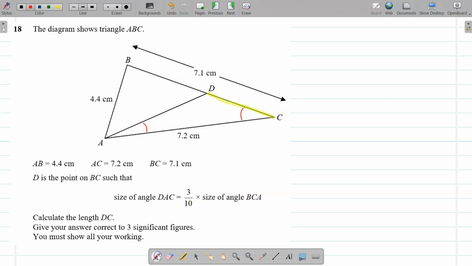Okay, so what I'm going to do first is use the cosine rule, because I've got 3 sides that I know, and I'm going to find out the angle in between in there.